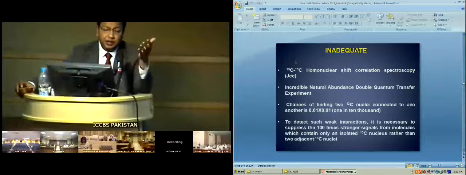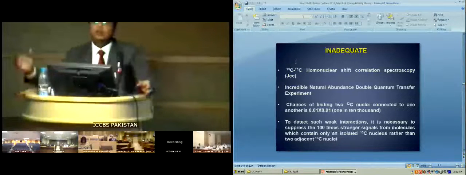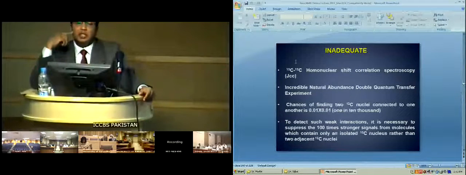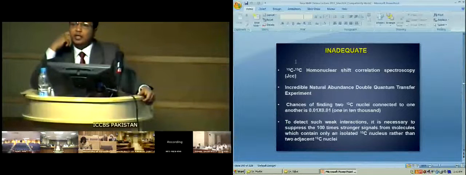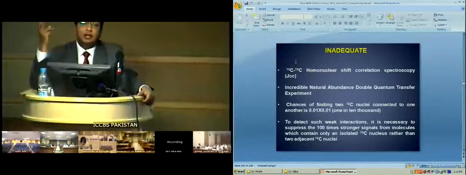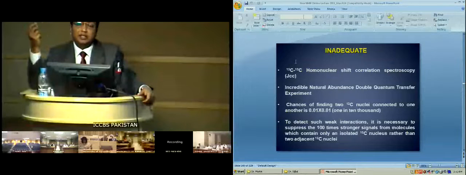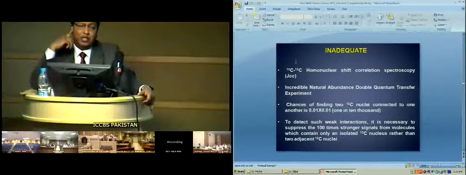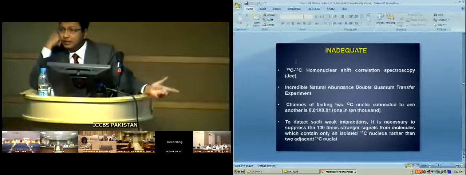carbon-13 spectrum. Now I want to challenge you, and I want to challenge your understanding of the NMR spectrum. You see, in a molecule, in every molecule there is one C13, right?